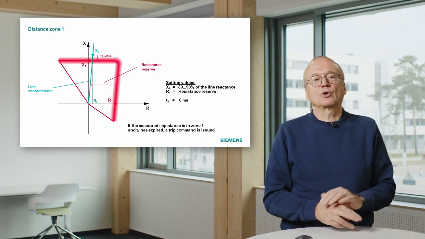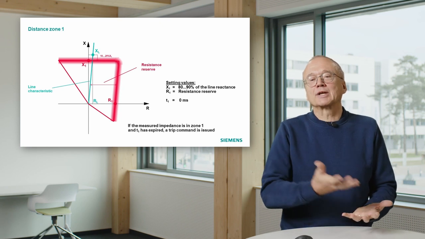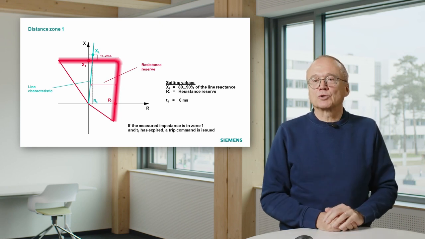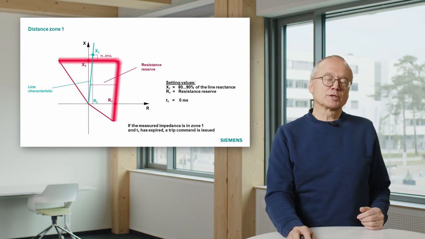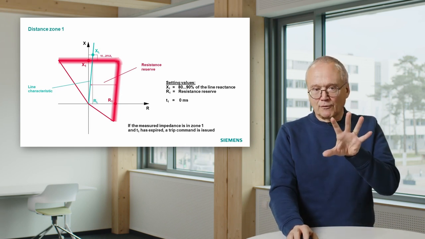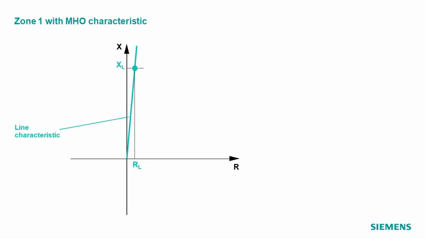If you are happy with circles, you ask, I want to replace old relays by new relays, but I want to take the same setting values. And for that reason, we also have the option, instead of using this circular characteristic, to use the so-called Mho characteristic.